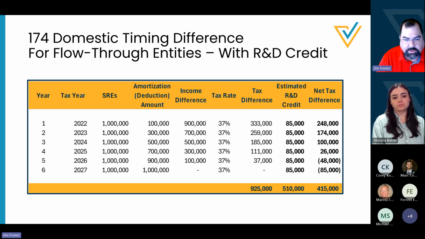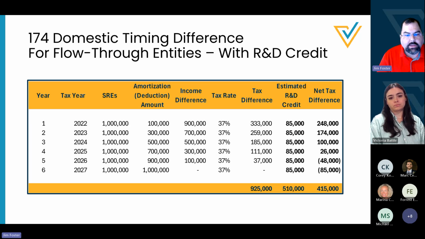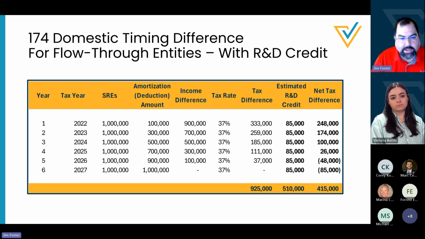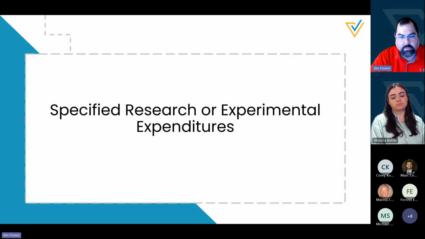After the 6 years, that 925,000, we're actually subtracting out over $500,000, which means you're only being hit by 415,000. So the main point here is if you have 174 activities, you need to be evaluating the R&D credit to try to save your tax liability and keep it as low as possible.